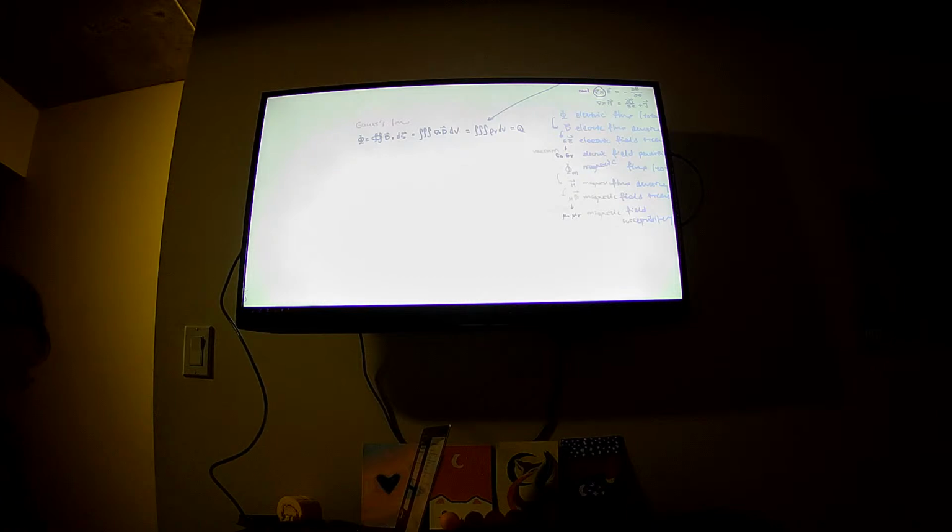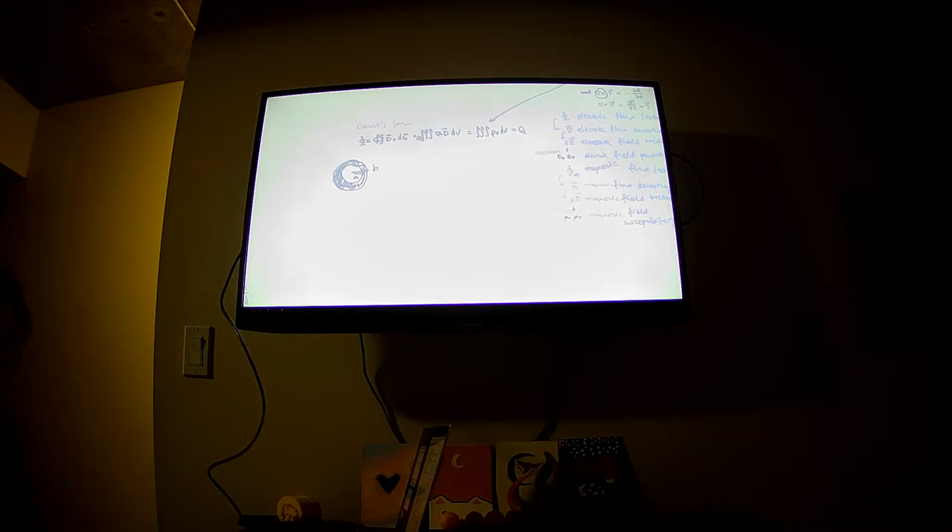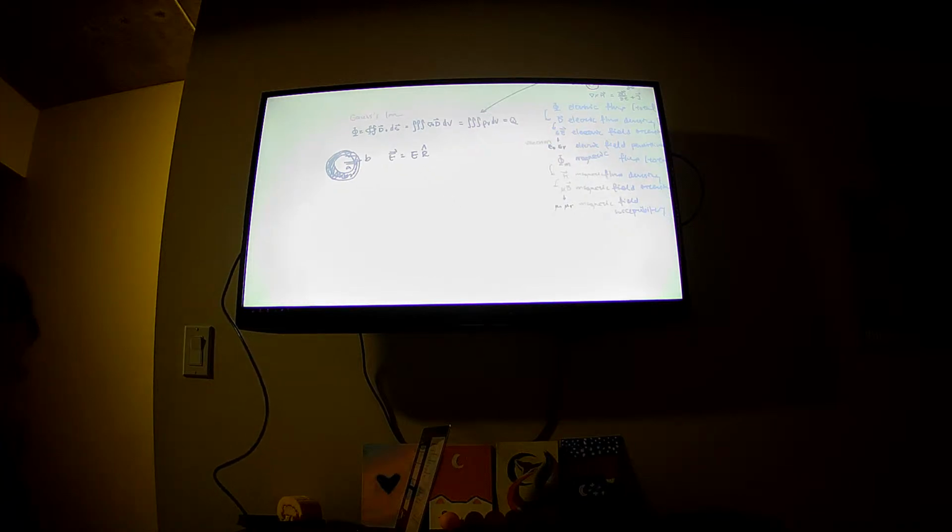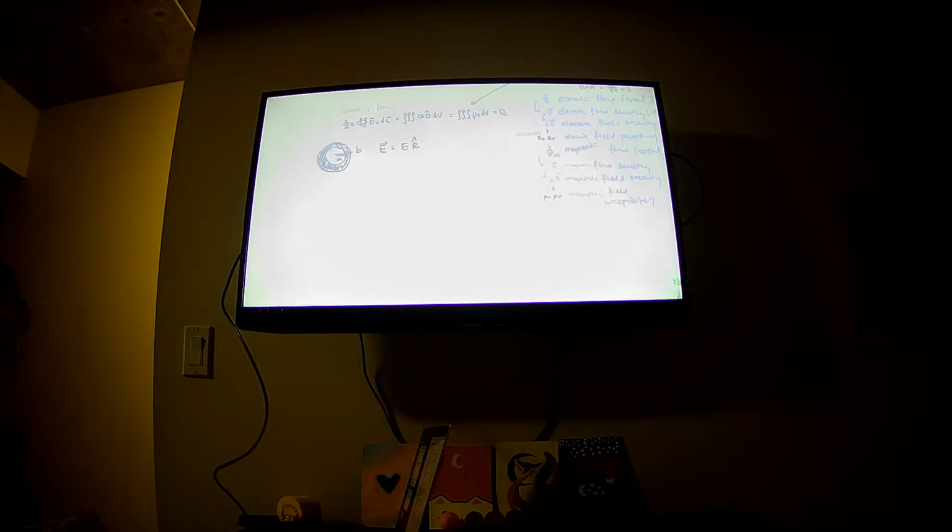You have concentric spherical shells, where there is some uniform charge inside, and the radius inside is A, the radius outside is B. Because your electric field is in the shape of spheres, your electric field can be defined as some proportion of the radial unit vector, and then you say that your surface is closed, and therefore you write Gauss's law.